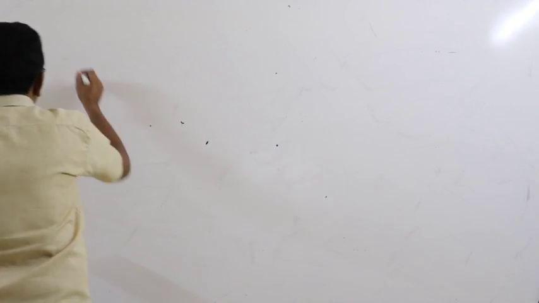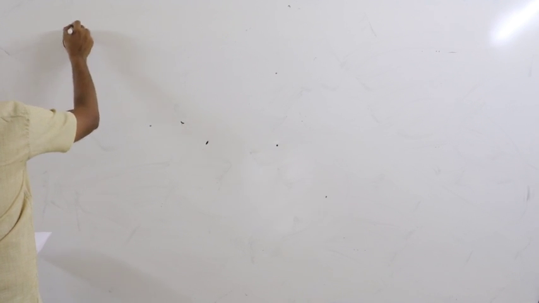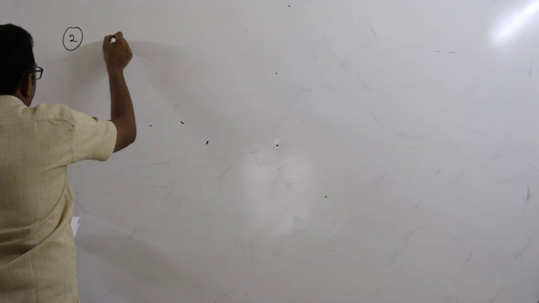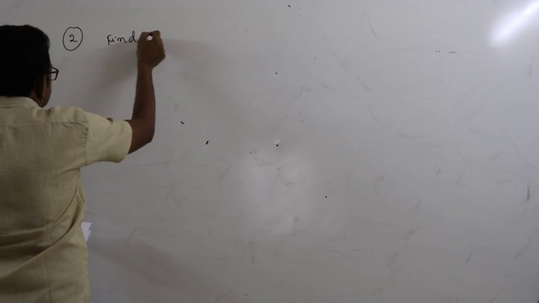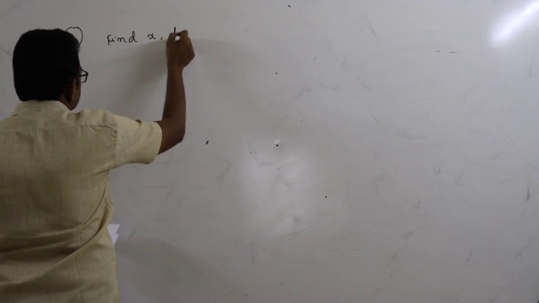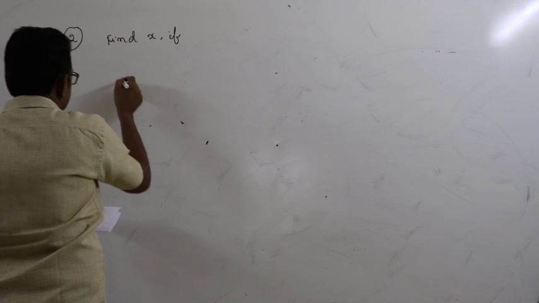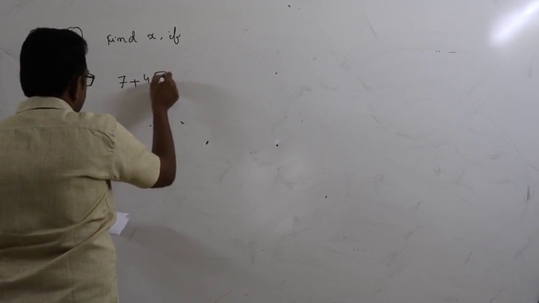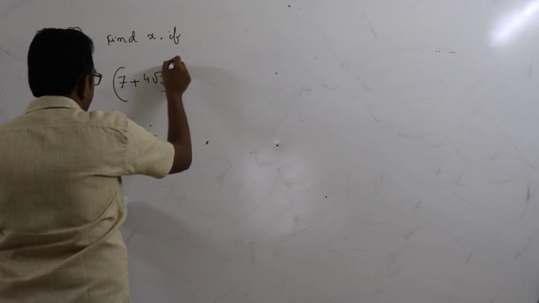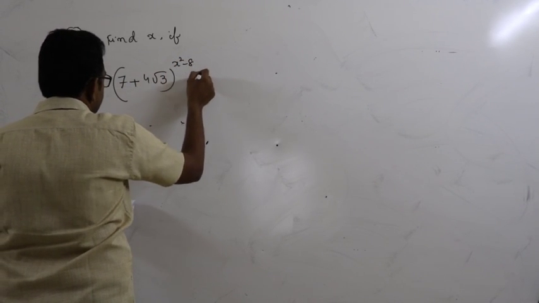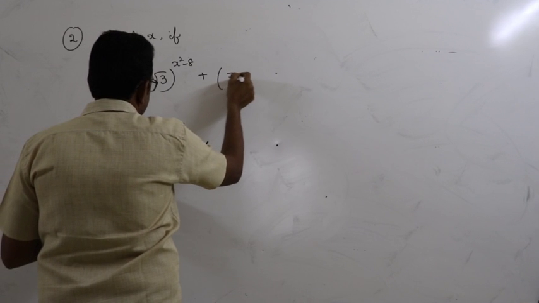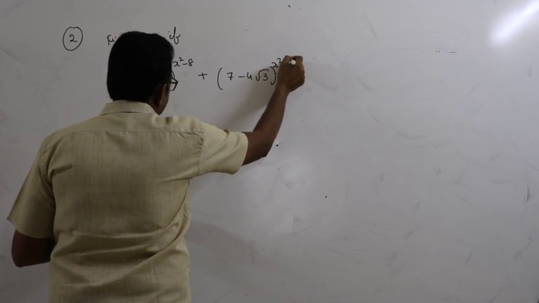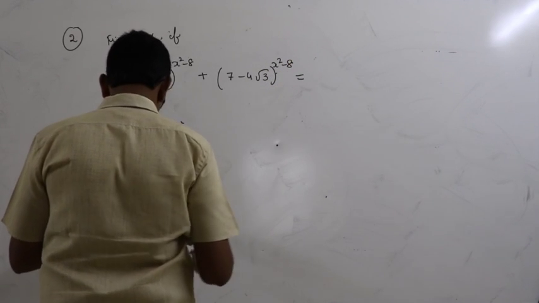Same model problem, you solve this problem. Find the values of x if (7 plus 4 root 3) whole power x square minus 8 plus (7 minus 4 root 3) whole power x square minus 8 is equal to 14.